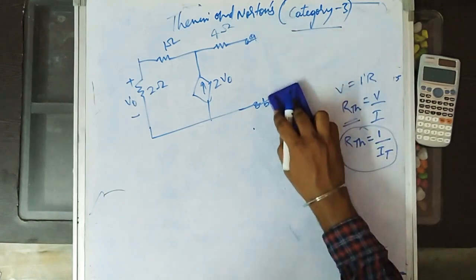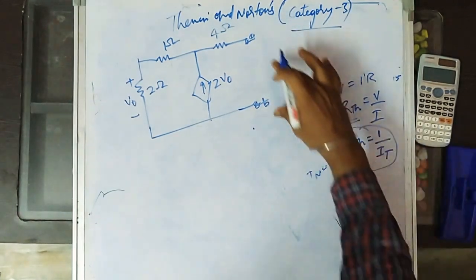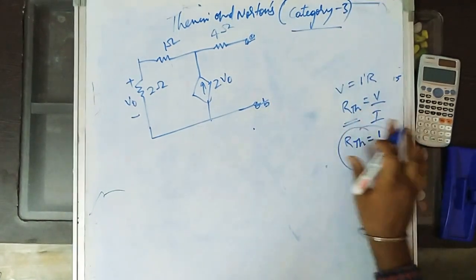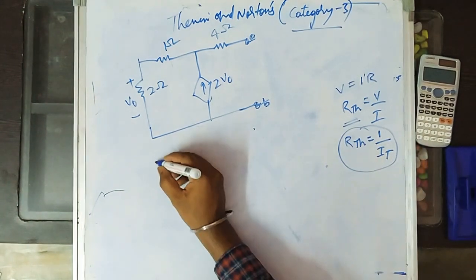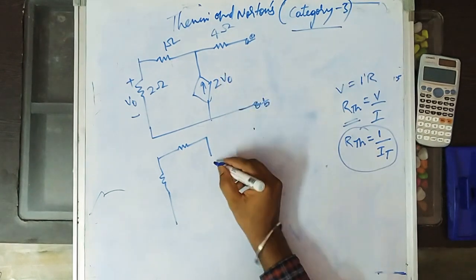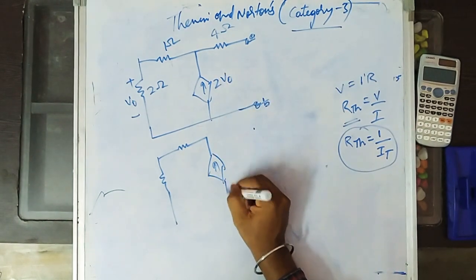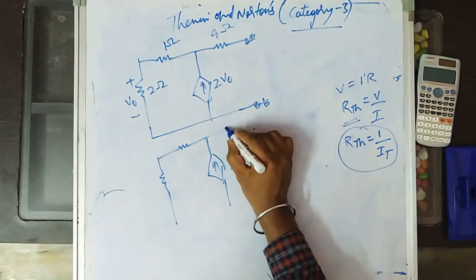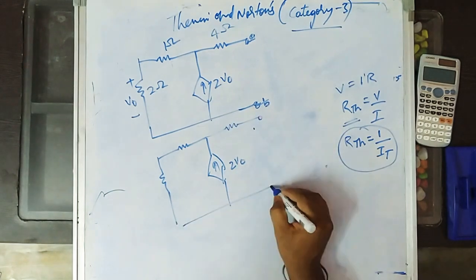For a given circuit, if you want to find the Thevenin equivalent, we simply give one test voltage there. For this circuit, we'll give a test voltage of 1 volt.